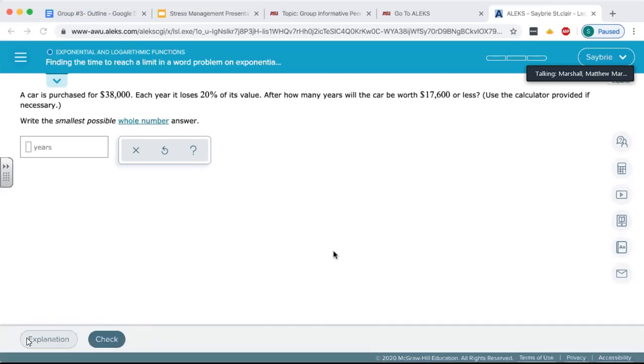Oh yeah, I have that fraction backwards. It's 0.8 to the t less than the initial values, so that would be 17,600 divided by 38. So I think I divided those numbers wrong.